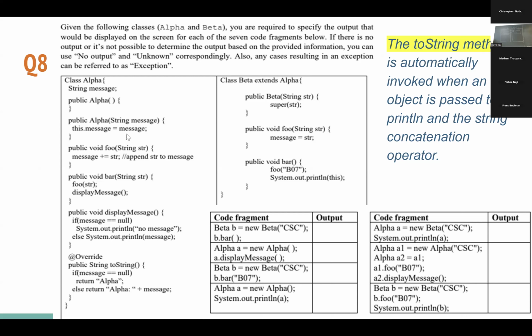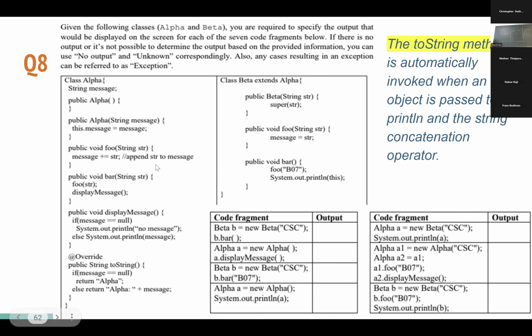You just set message equal to message, which is pretty simple, and you call the function b bar. So we go here and we find b bar is actually taking no argument. That's the tricky point. So we just invoke this b bar function and it calls for B07. We see there is no for function in Beta, right? So we go back to the superclass.